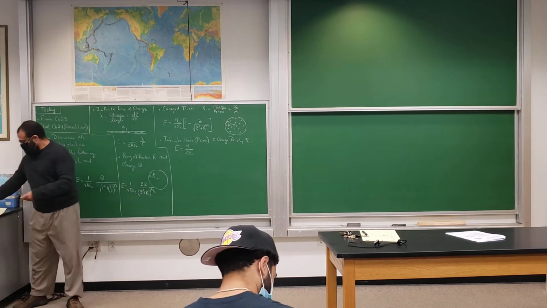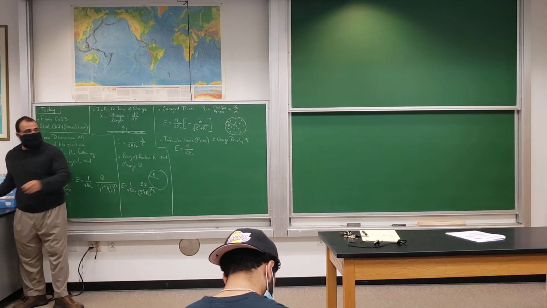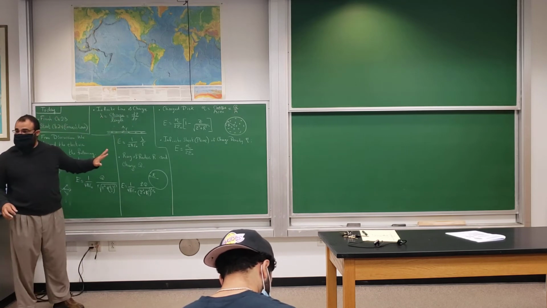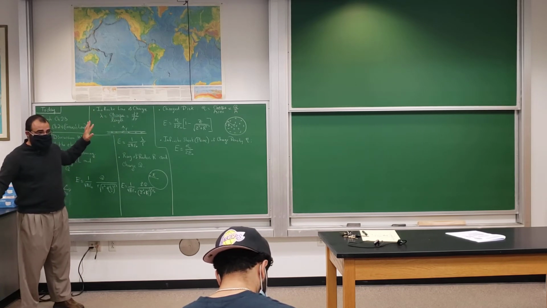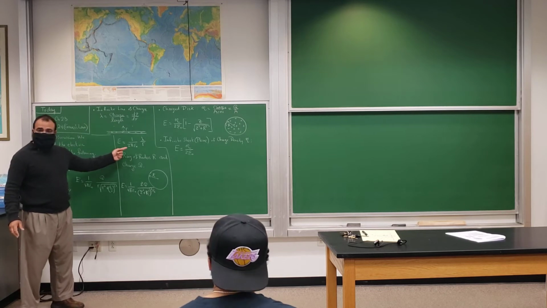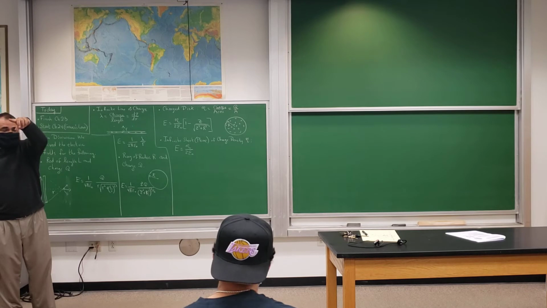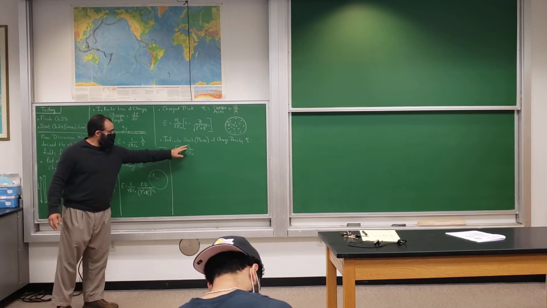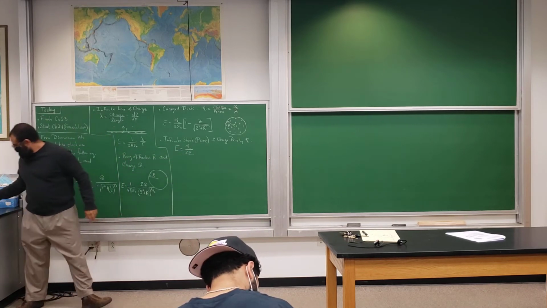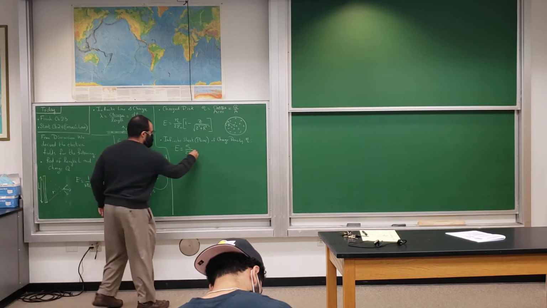So if the chalkboard was an infinitely charged sheet, whether I'm near the board or far away from the board, or even farther, it doesn't matter. The electric field will always be this. Just to emphasize, let's put the word constant.